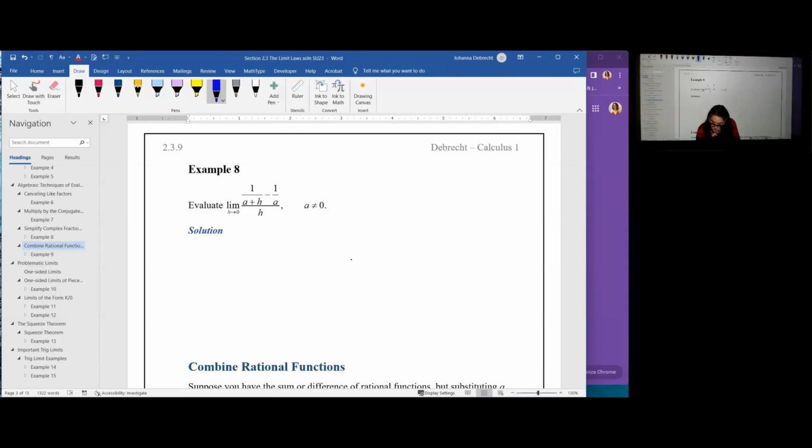So we're going to substitute 0 in place of h. So I get 1 over a plus 0 minus 1 over a all over h, which is 0, which is going to give me 1 over a minus 1 over a over 0, which is the indeterminate 0 over 0.